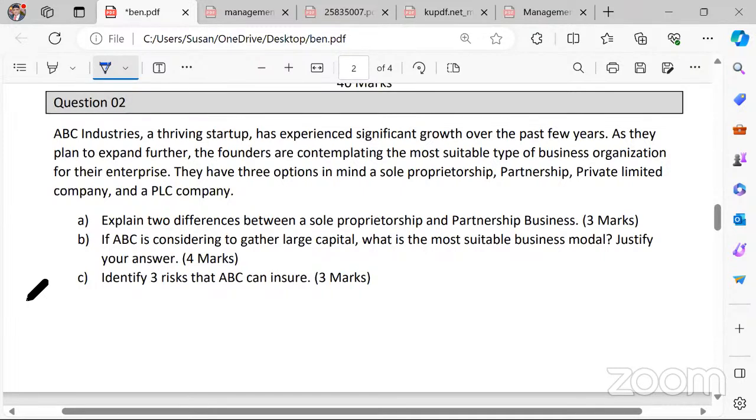In sole proprietor businesses, capital is to be raised by the owner. In partnerships, by the partners. In both, there is no legal personality.